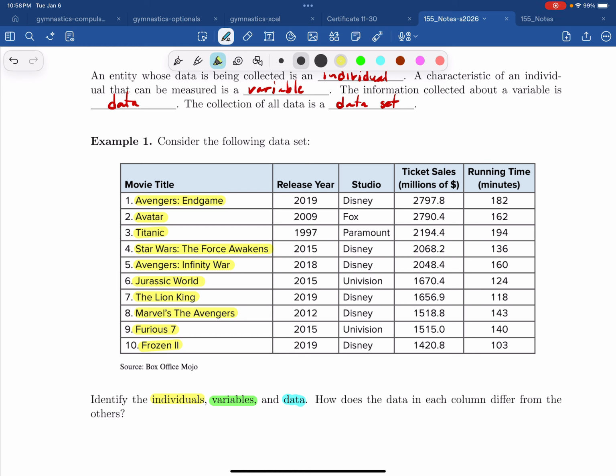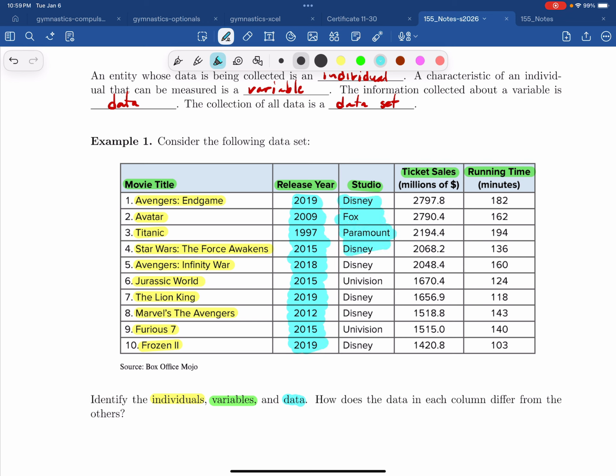right? The variables are just the things that are being measured. Yeah, the movie title counts as a variable. So too release year, studios, ticket sales, and running time, all of these are variables. And then the data is just the info that we collected about these, right? All of this stuff, that's all the data for release year.